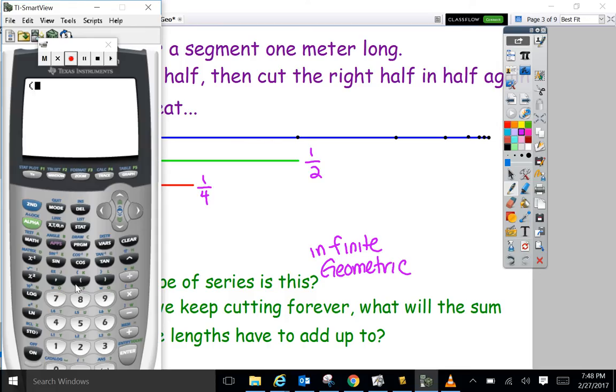If you did 1/2 plus 1/4, we get 0.75, 3/4. And then we add the next term in the series, which was 1/8. We're getting closer to 1, 0.875. If we keep adding up these terms, like we add the next term in the series along with that, 1/16.